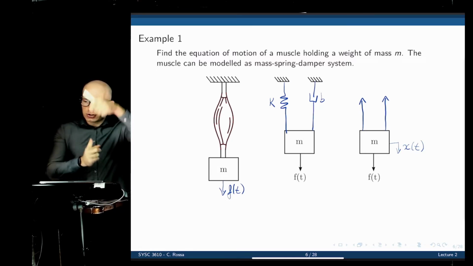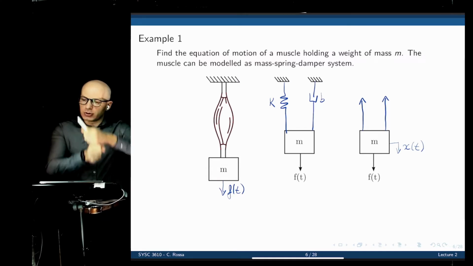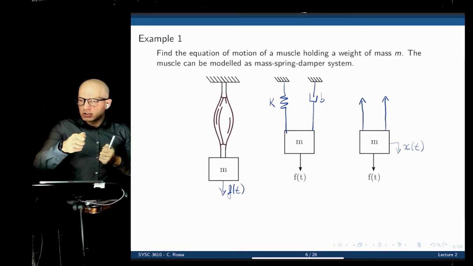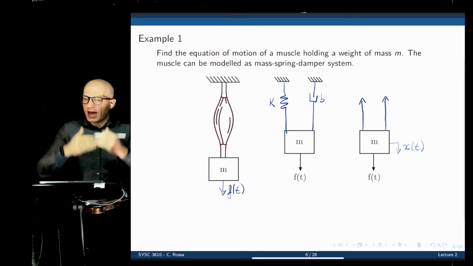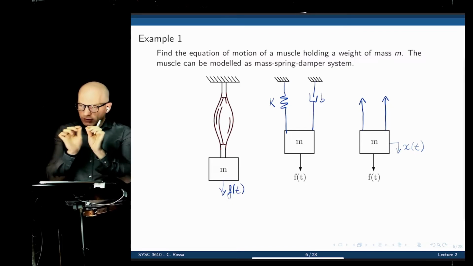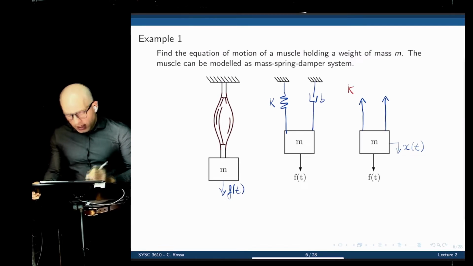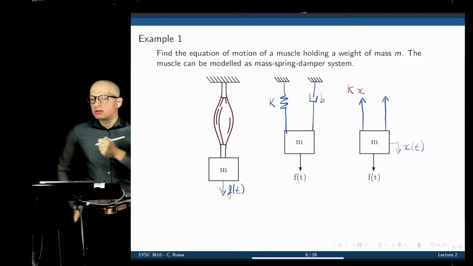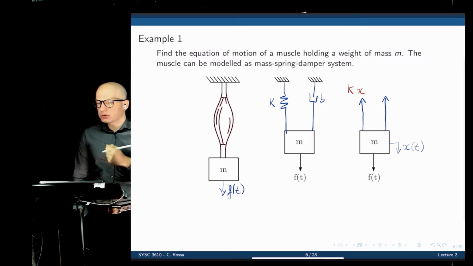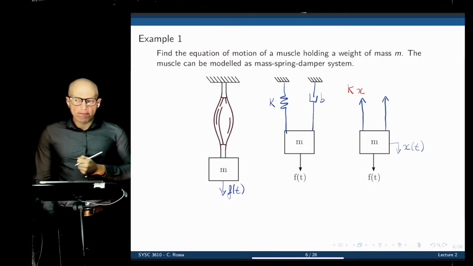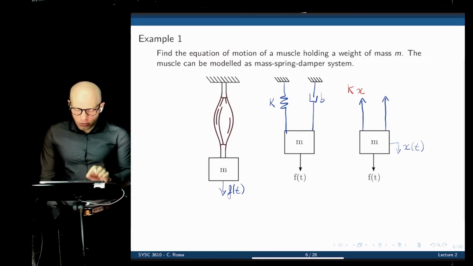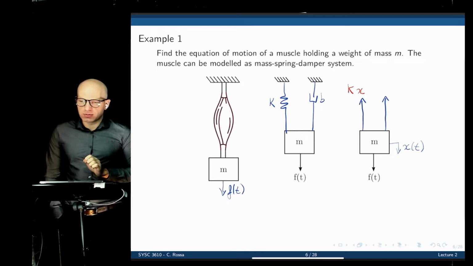If the mass is attached to the spring and you pull it down, we are stretching the spring. So the spring acts on the mass. And what is the magnitude of that specific force? Wouldn't that be K times x, the stiffness constant times the displacement of the spring? Right? That's the one force that comes from the spring.